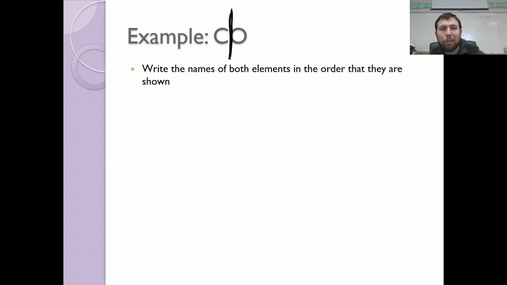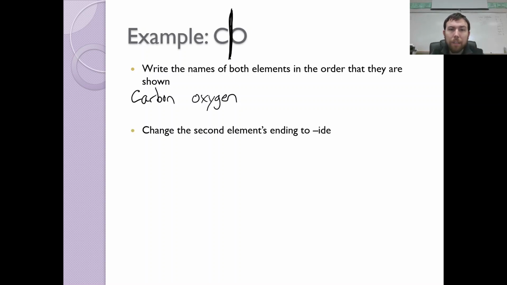So we've identified this as carbon and oxygen. That's step one. Step two, we need to change the ending of the second element to IDE. So this is now going to be carbon oxide.